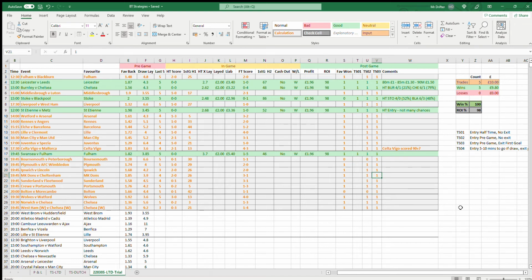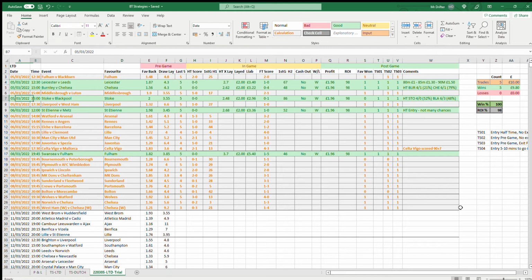Well, there's only 2 there, and there's another one up here, I think, Blackpool. That was an underdog win, or certainly an underdog scoring first. And actually, I do need to mark these up a little bit better, because this game here, Sunderland Fleetwood, even though Sunderland were favourites and went on to win, Fleetwood got the first goal, so that would have been trading out on strategy 3 at a very low profit, or no profit at all, or even a loss, because when did Fleetwood score?